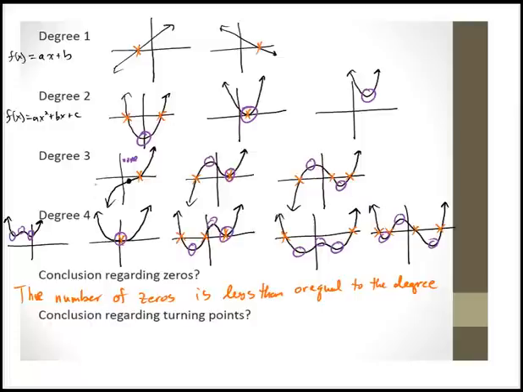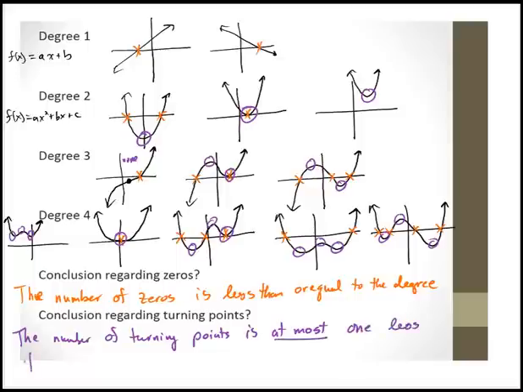Degree 3, we could have none or 2. Degree 4, we could have 1 or 3. Conclusion regarding turning points. The number of turning points is at most 1 less than the degree.